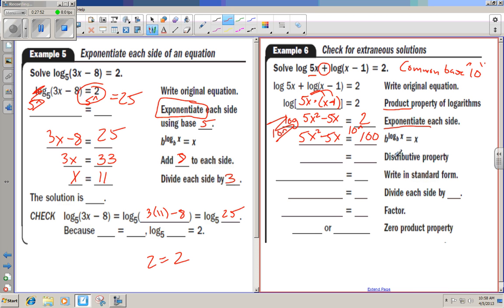It's to do the distributive property. Basically, I've already done that. So we're going to jump to standard form, 5x squared minus 5x minus 100. We're going to minus 100 from both sides, equals 0. Here it says to divide each side by 5. You don't have to divide by 5, but that is a common factor amongst all of those. And you end up with an equation that looks much, much nicer.